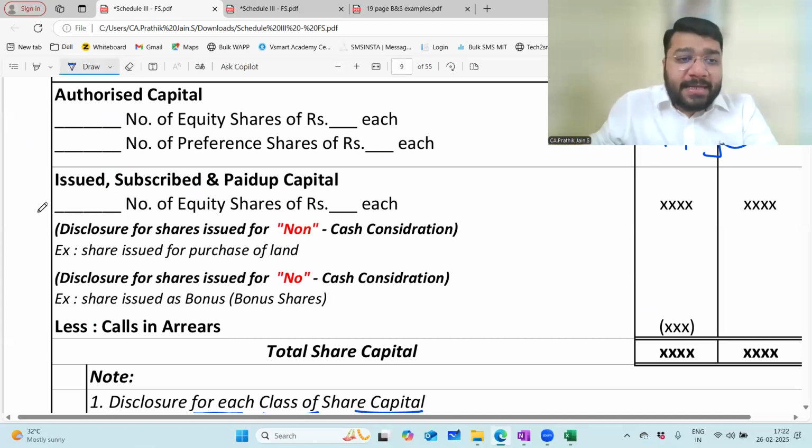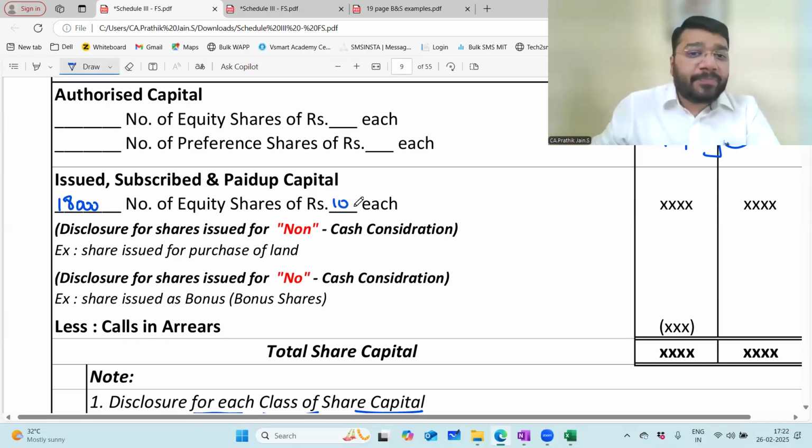Let's suppose 18,000 equity shares of 10 each have been subscribed by the public. Let's keep the full 10 rupees called up and supposed to be paid. So 1,80,000 rupees is supposed to be paid.